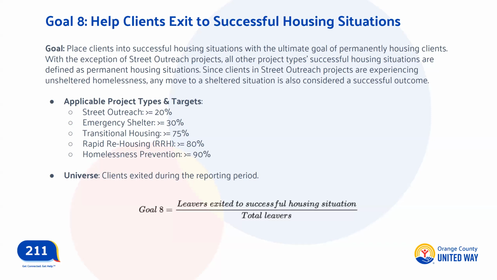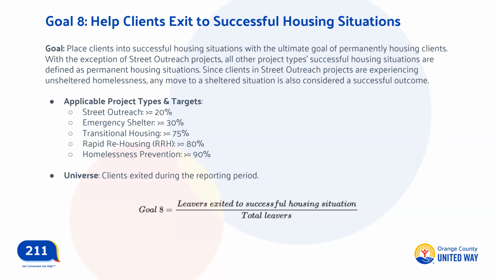With the exception of street outreach projects, for all other project types successful housing situations are defined as permanent housing situations. Since clients in street outreach projects are experiencing unsheltered homelessness, any move to a shelter situation would be considered a successful outcome. And you'll see the applicable project type and target threshold listed below.